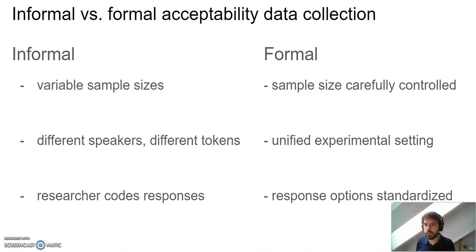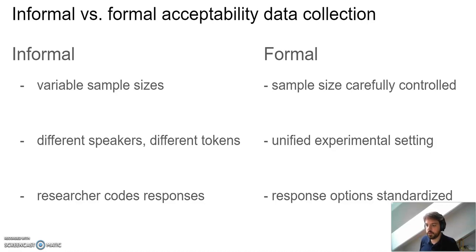Finally, when it comes to the responses, the researcher typically codes the responses herself in an informal data collection. What does this mean? If I ask people how a word sounds, and one speaker says it sounds really funny, and the other one says it sounds really strange, I will have to do something.